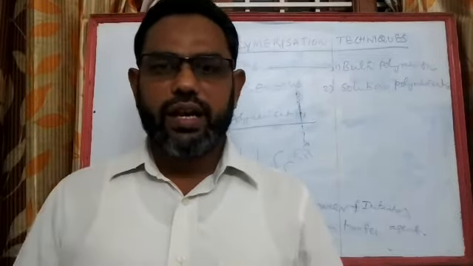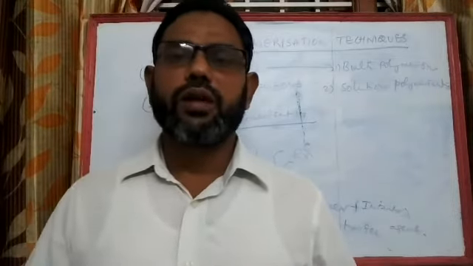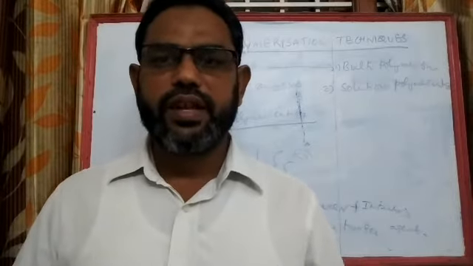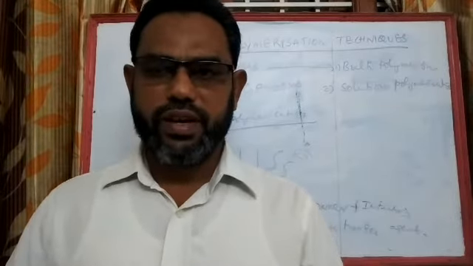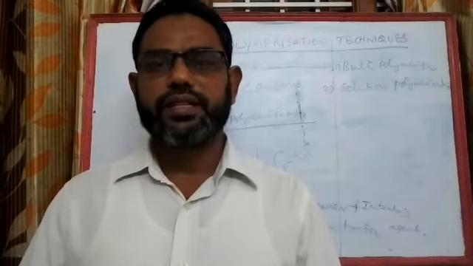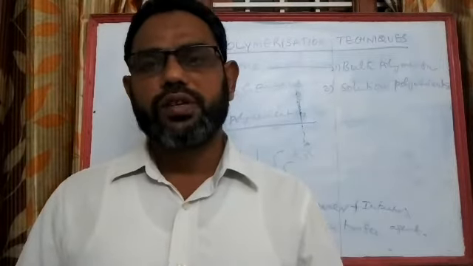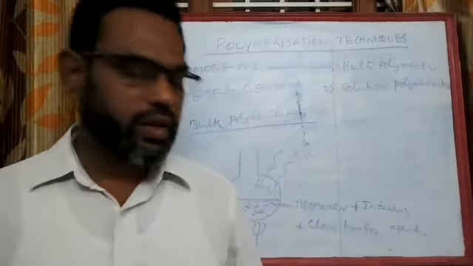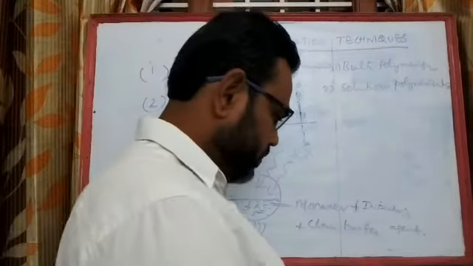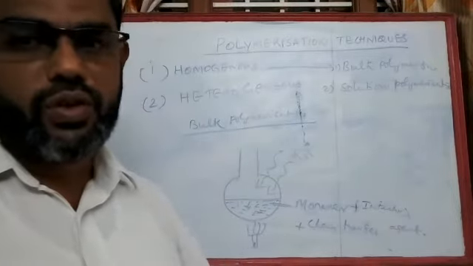As far as vinyl monomers are concerned, dissipation of heat becomes very difficult, and the solution becomes very thick in the case of vinyl polymers. This technique has been used for both free radical and ionic polymerization mechanisms. The generally used monomers are methacrylates, acrylic esters, or styrene.